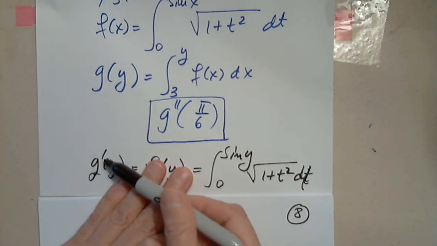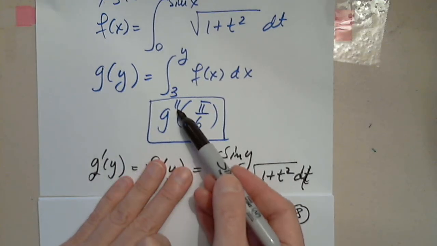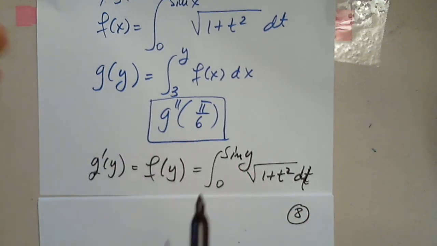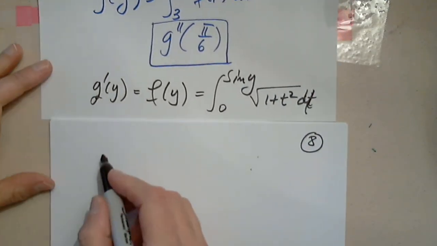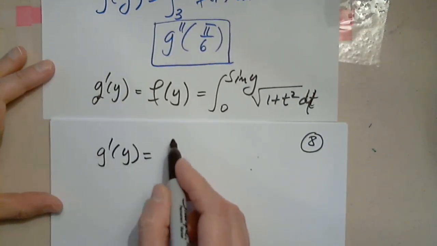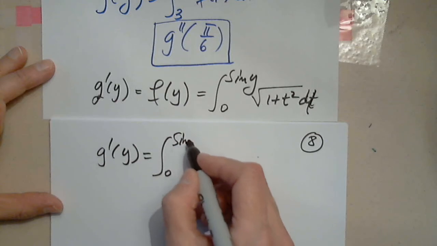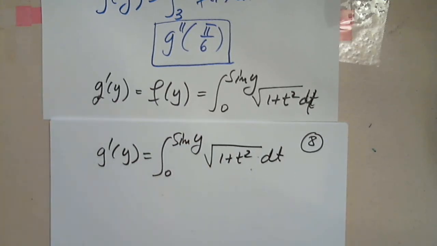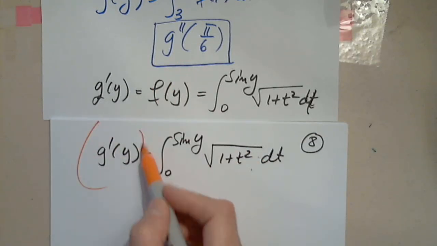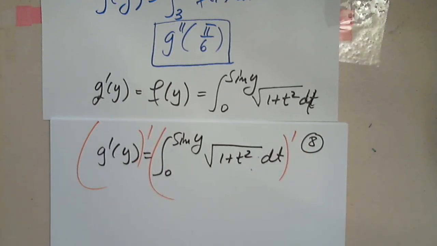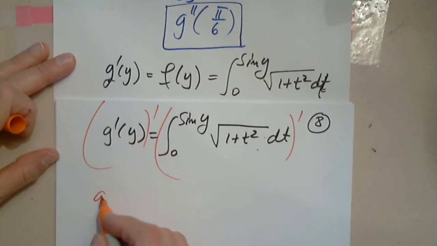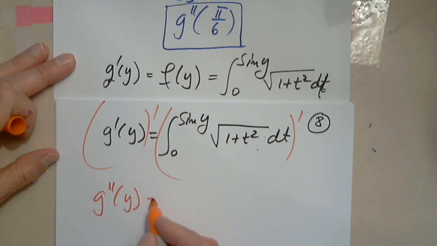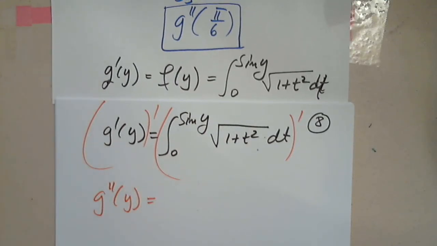Okay. So I have the first derivative as being this. But it's not sufficient. I need to determine the second derivative. So I'm going to copy this one more time. So g prime of y is the integral from 0 to sine y of the square root of 1 plus t squared dt. And now I will differentiate again, because I need the second derivative. The left-hand side is g double prime of y. What do we get on the right-hand side?